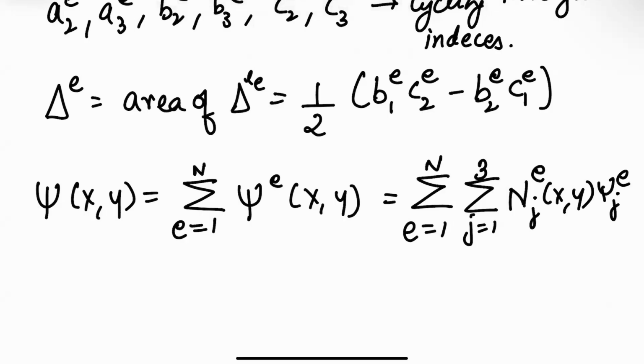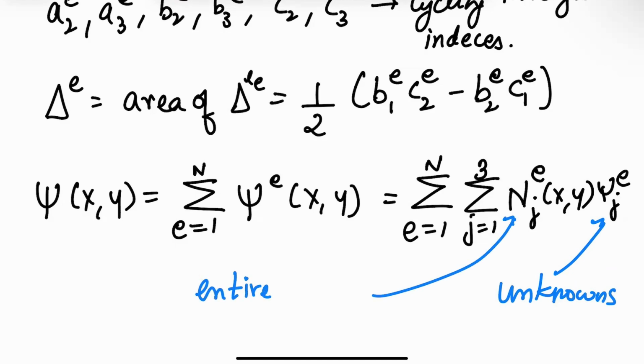Okay, so note that these are the only unknowns. So I should say these are unknowns, and this is entirely determined by the mesh.